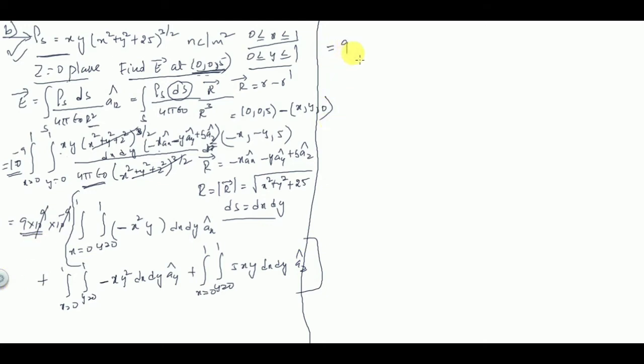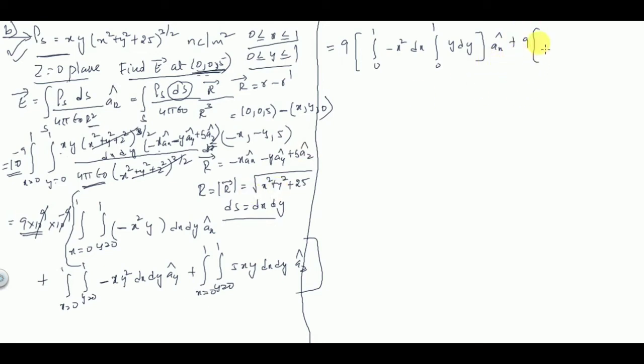So 9 into, see the first integral, integral 0 to 1 of minus x square dx, integral 0 to 1 y dy, so this total into ax cap, plus 9 is multiplied with everything, right?